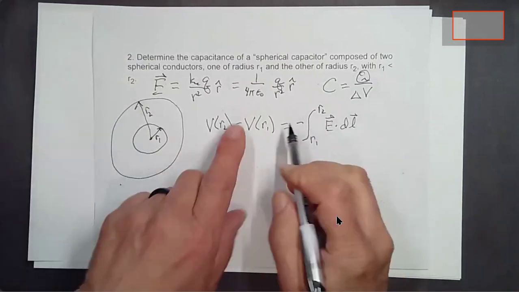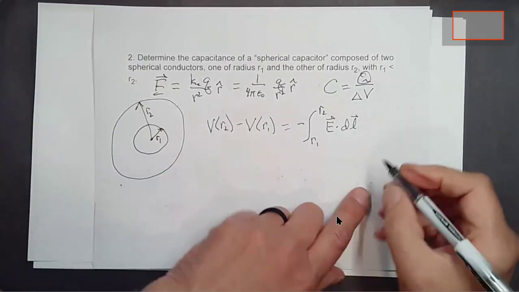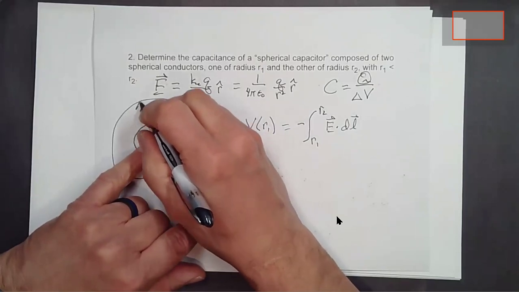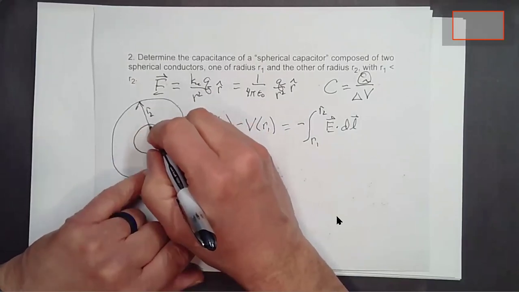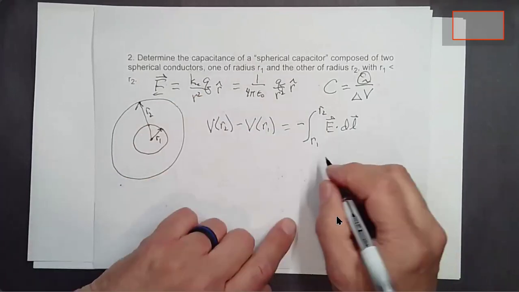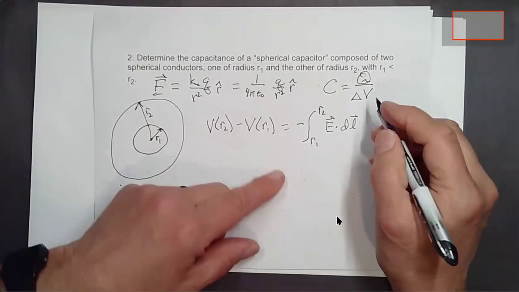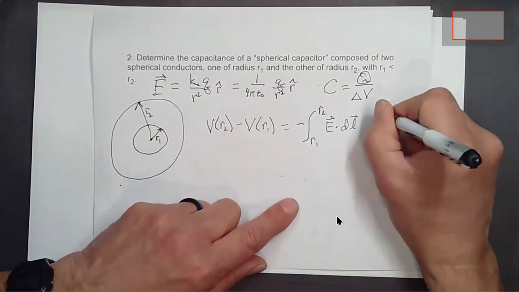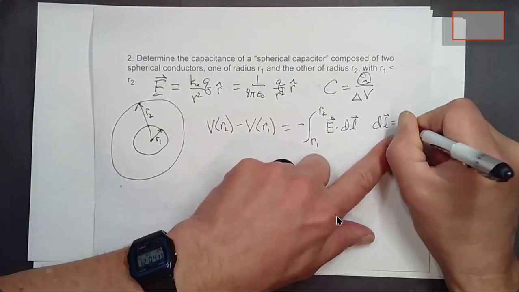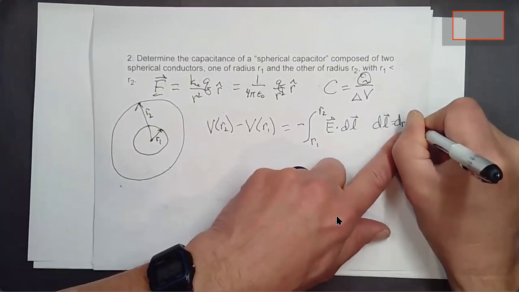I've already got an expression for E as a vector. dl is going to be pointing along the path I take from the surface of the inner conductor to the inside surface of the outer conductor. And I'm going to let it point along the R hat direction too. So dl will equal dr along R hat.